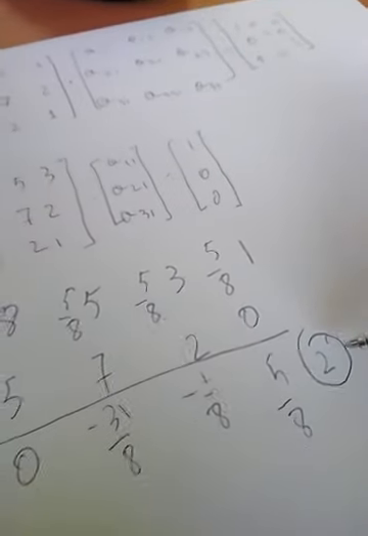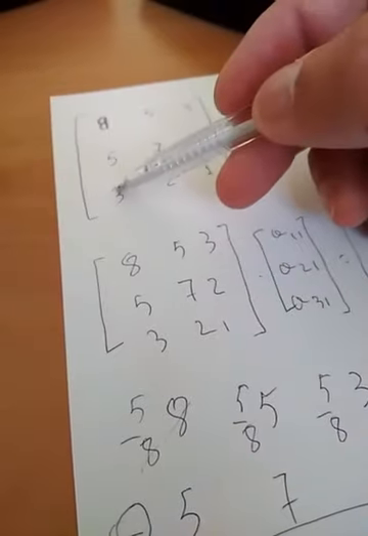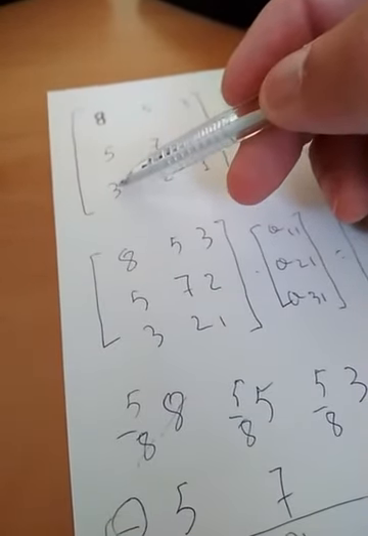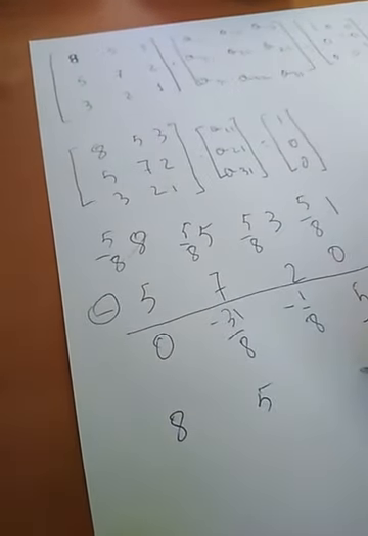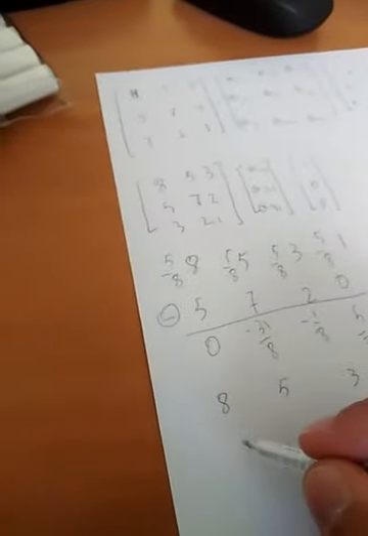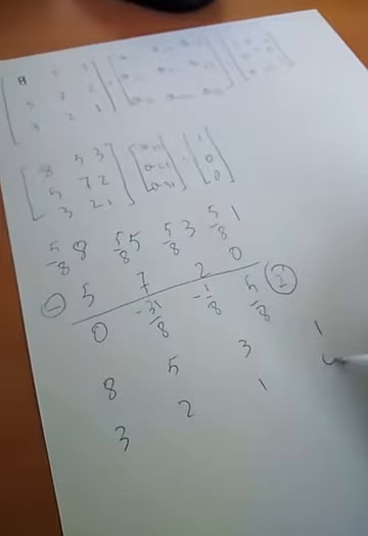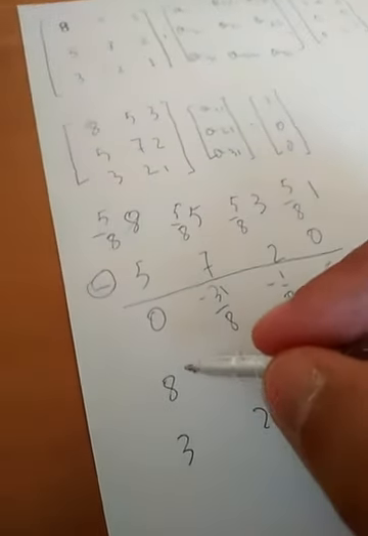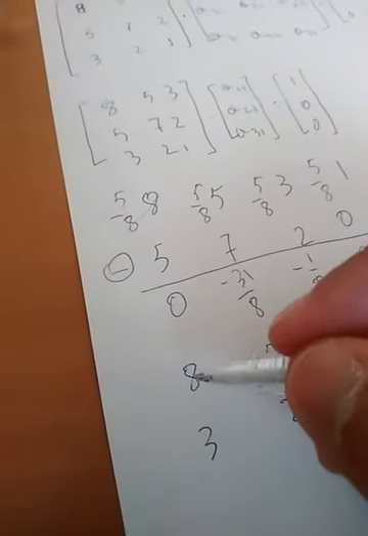Alright, now we're going to repeat the same process between the first row and the third row. So let's write again down here 8, 5, 3, and 1. And the third row is 3, 2, 1, and 0. So we have to multiply the top one by the coefficient of the second one divided by the coefficient of the top one.